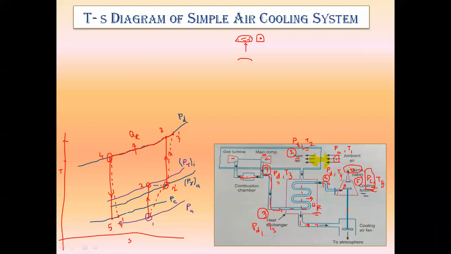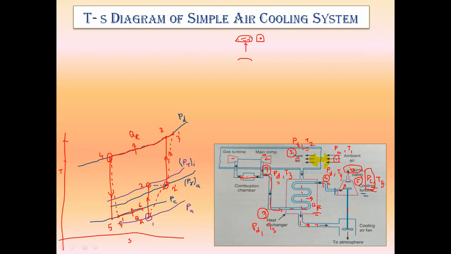It will be able to absorb the heat inside the aeroplane cabin, and because of that, the temperature inside the cabin will be maintained. So the 5 to 6 process is nothing but constant pressure heat absorption inside the aeroplane cabin.